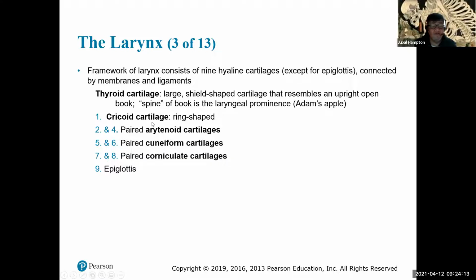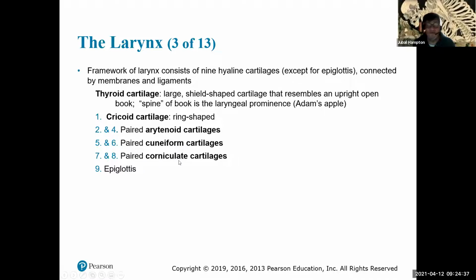Cricoid cartilage is ring shaped and it's made of hyaline. Thyroid made of hyaline. We have paired arytenoid cartilages, also hyaline, with the cuneiform hyaline, and then the corniculate. The corniculate are elastic.